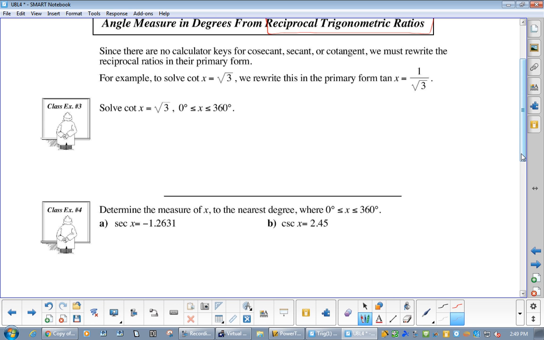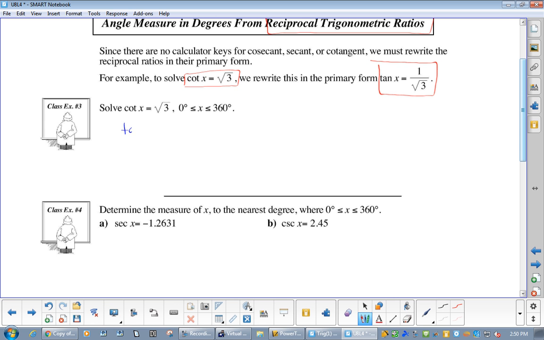So if you get cotan equals root 3, that is the same thing as tan equals 1 over root 3. Okay, so that already gave away our first step. So I cannot go and figure out when cotan equals root 3, because if you look all over your calculator, there's no button.